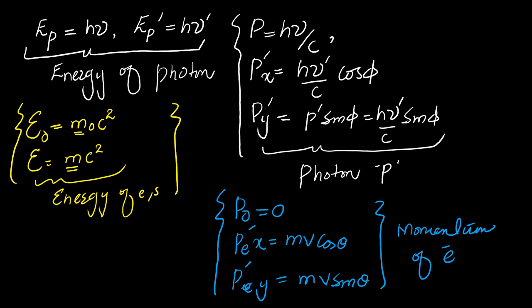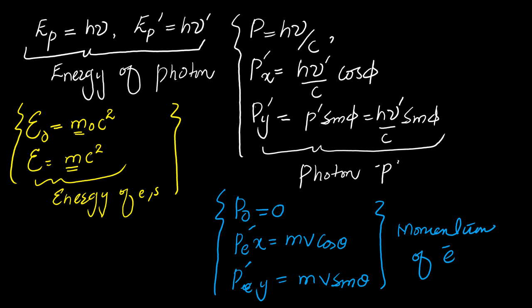So now, dear student, according to the law of conservation of energy and the law of conservation of momentum, the total amount of energy will remain conserved whenever photons with a specific energy and momentum are incident on electrons.